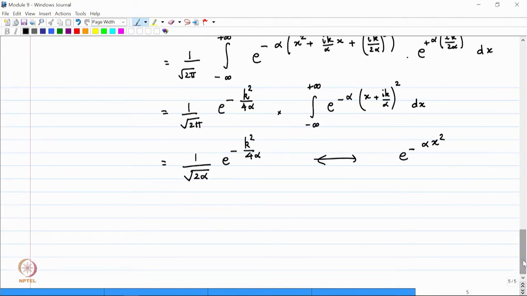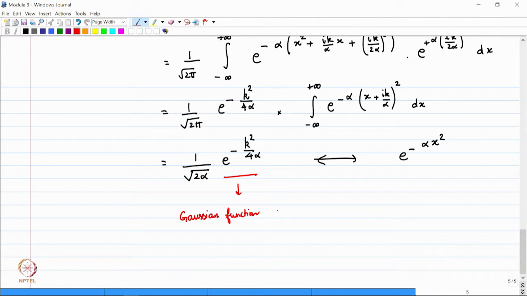Okay. So, this is a Gaussian function, okay, and here actually this involves 1 over 4 alpha, whereas here you had alpha. Okay. That is the difference.